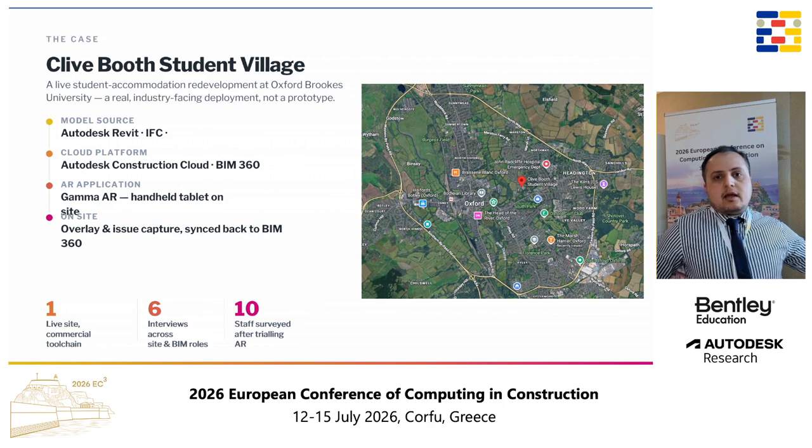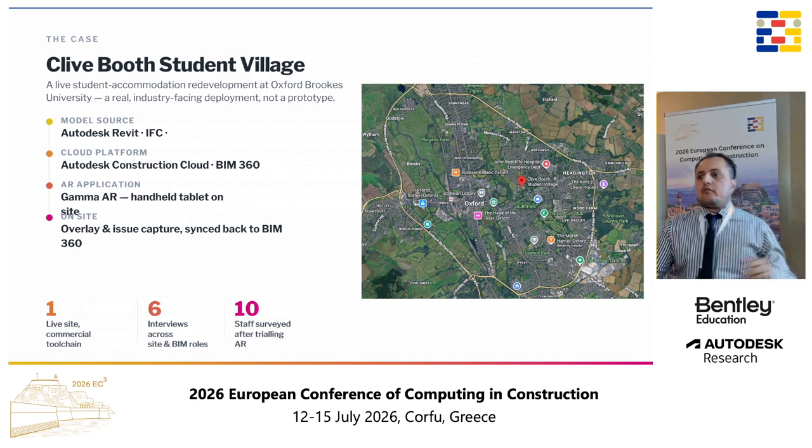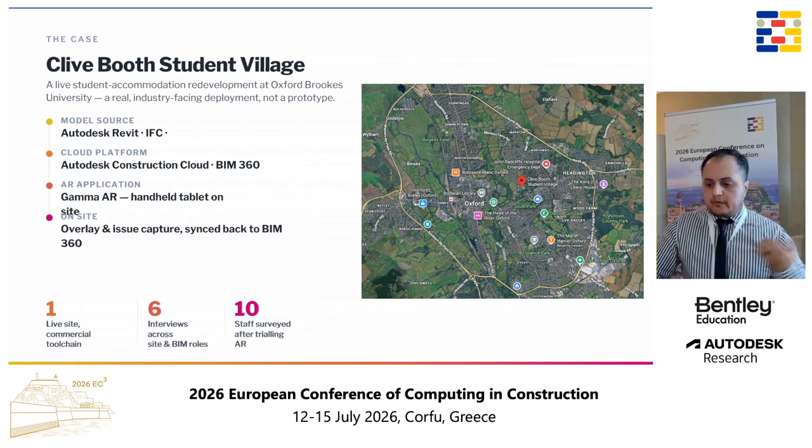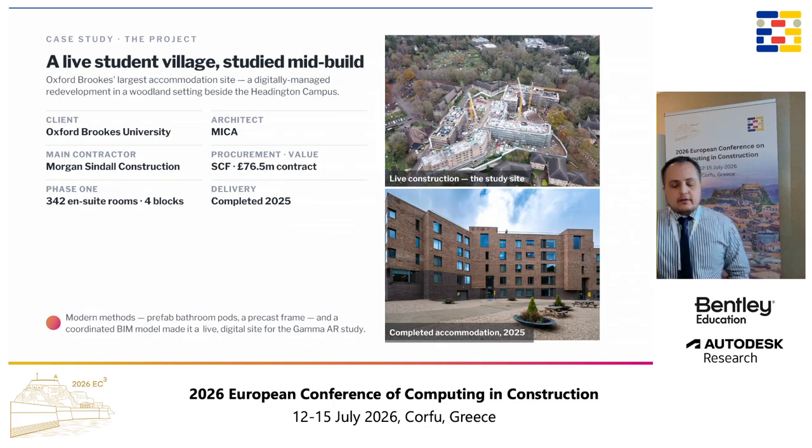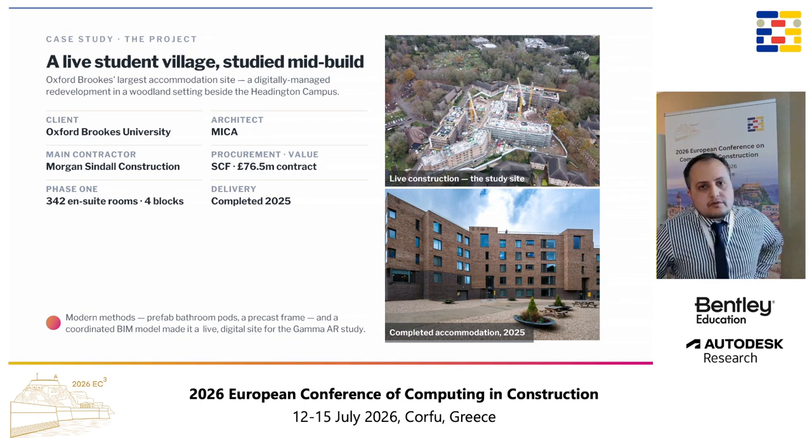We did observations and interviews with a maximum of 10 members of different project teams, from the coordinator, engineers, etc. The site, as you can see, is located in the heart of Oxford within a conservation area. The main contractor was Morgan Sindall, and the project was completed last year.